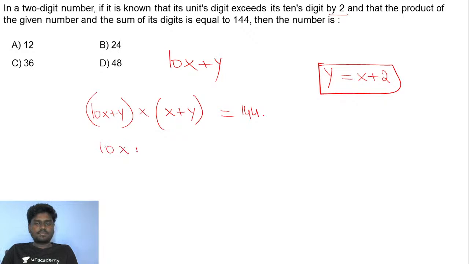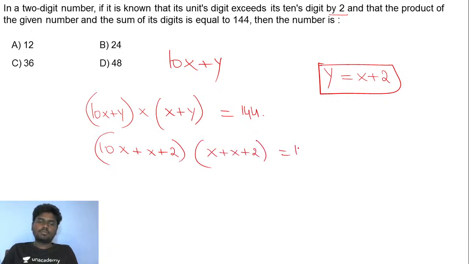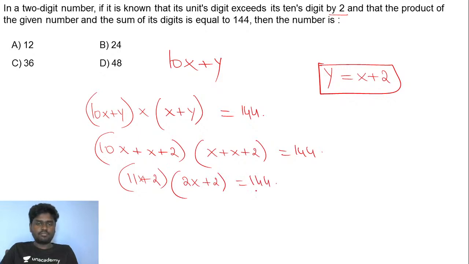So it will be 10x plus x plus 2 into x plus x plus 2, going to be equal to 144. So we'll be getting 11x plus 2 into 2x plus 2, which is 144. And if you multiply inside, we'll be getting 22x square plus 22x plus 4x plus 4 is equal to 144.